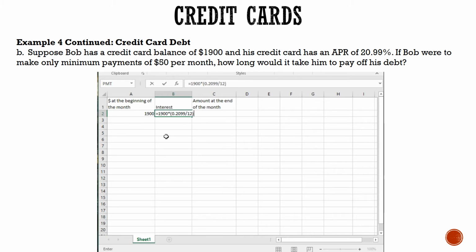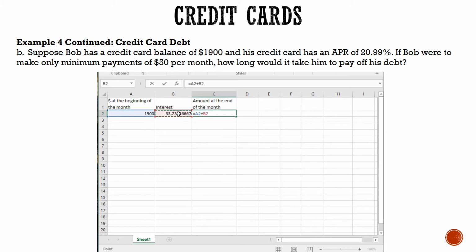Okay, and that's going to give us the amount of interest. So that's $33.23 in interest at that 20.99% prorated monthly. Now the amount of that Bob is going to have as a balance at the end of the month, that's going to be equal to the $1,900 that he started with plus, so he's going to add the amount of the interest to that.